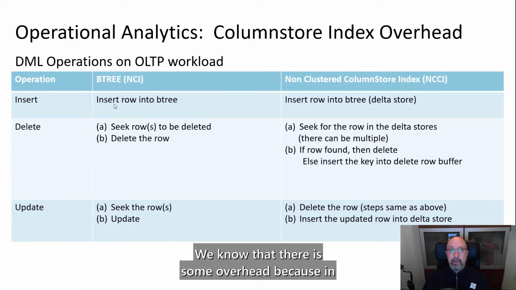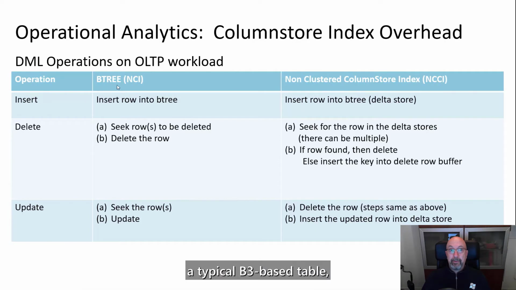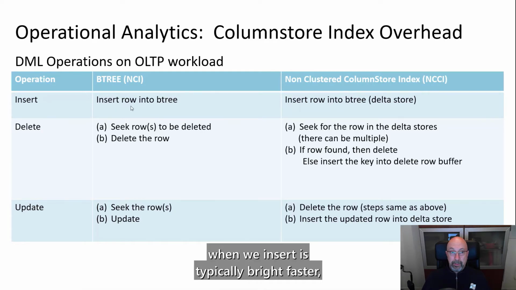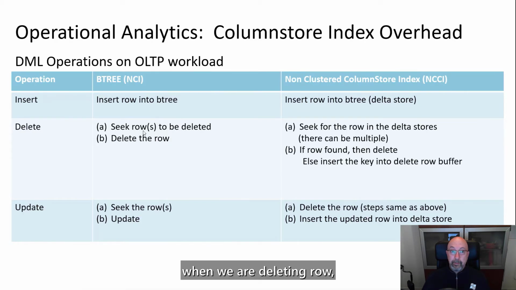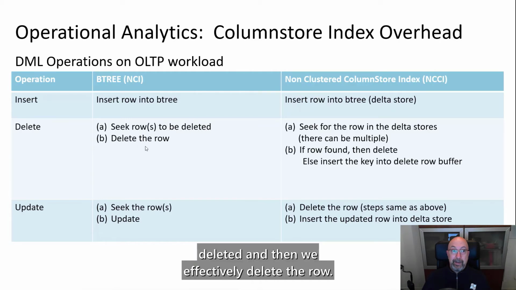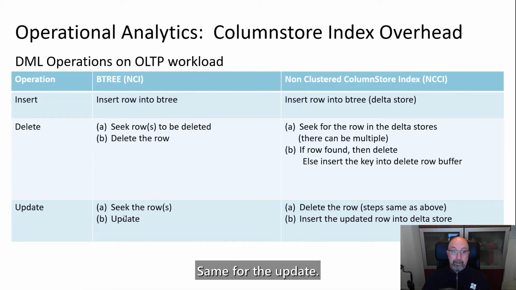We know there is some overhead because in a typical B-tree based table, an insert is quite fast. When we are deleting a row, we just seek the rows to be deleted, and then we delete the row. Same for the update.